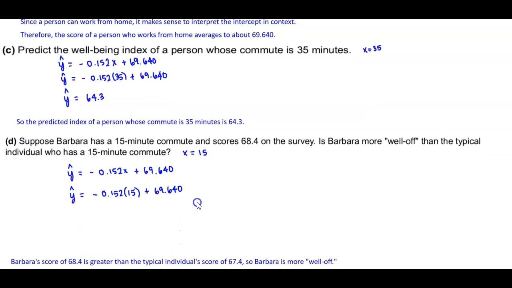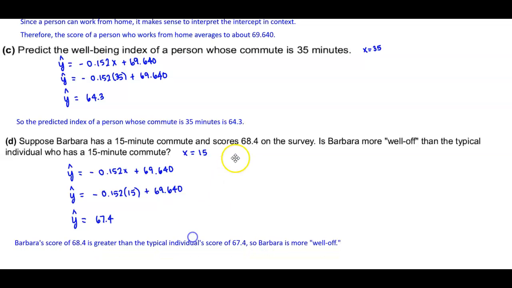If we plug that in, Y gives us a score of 67.4. So Barbara's score of 68.4 is greater than the typical individual's score of 67.4, so Barbara is more well off.